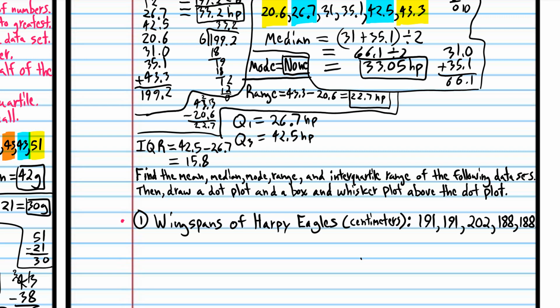I'm going to do that on my calculator just to make sure. 42.5 minus 26.7, 15.8 horsepower. That's the interquartile range. Notice that the interquartile range is smaller than the overall range. It's supposed to be smaller. All right, so we have the interquartile range, and we're pretty much done with all those numbers that we're calculating.